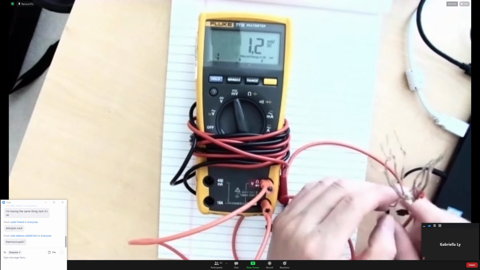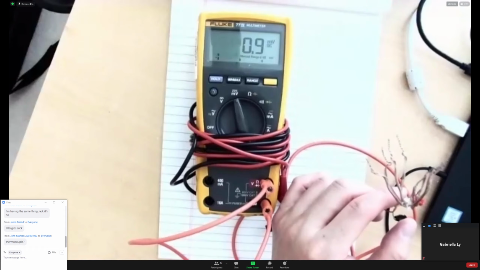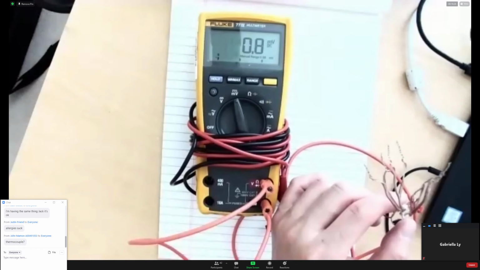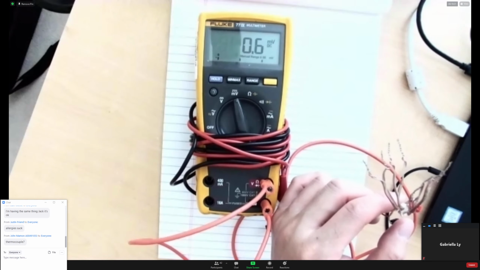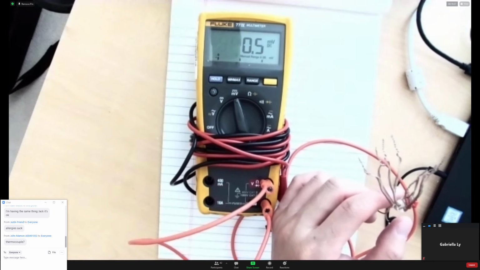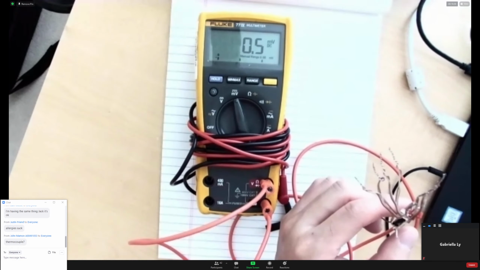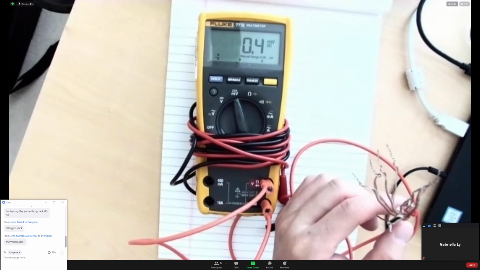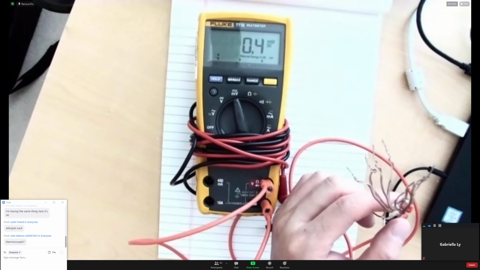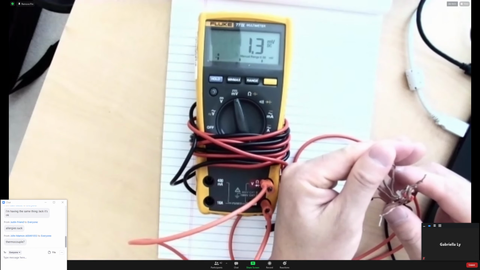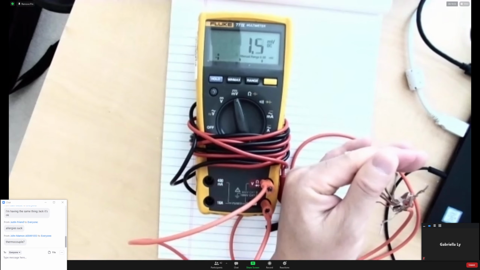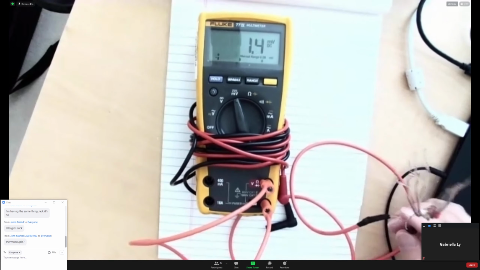So if you put multiple thermocouples in series, you can generate a slightly higher voltage, because each individual one is like an individual battery or voltage source. When you put them in series, the voltage generated adds together. That's why when touching all the terminals together, I can get a higher voltage down here.